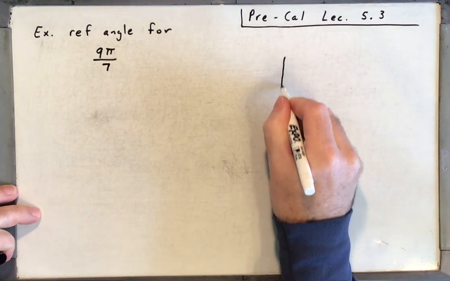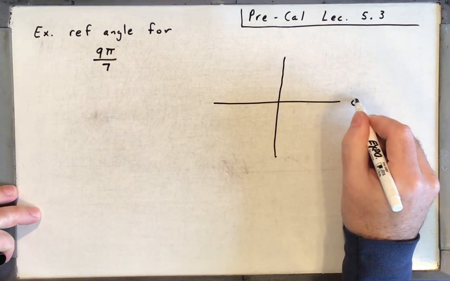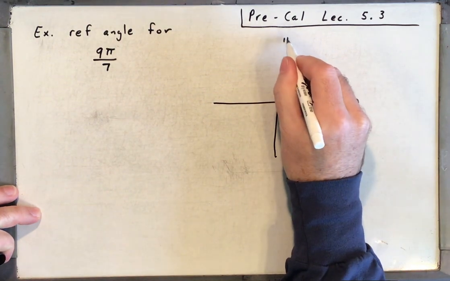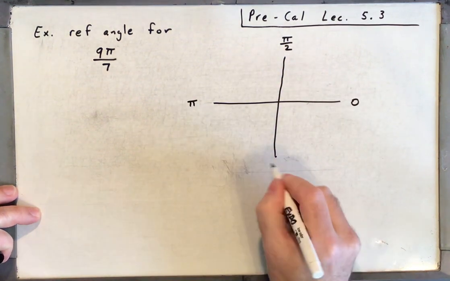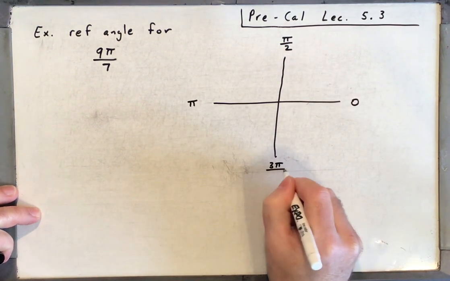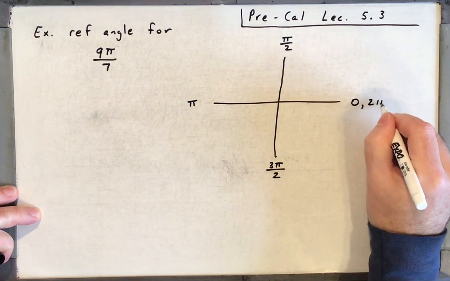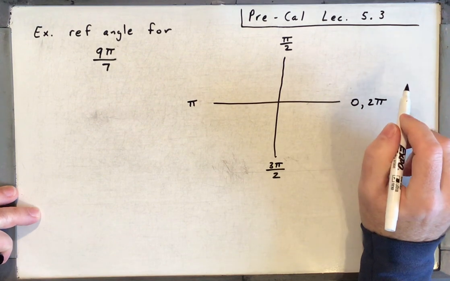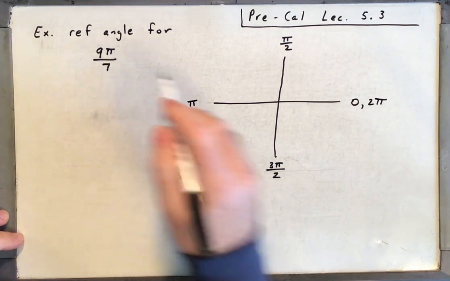All right, so let's get used to radian measures. So we would have 0, pi over 2 radians, pi radians, 3 pi over 2 radians, and then back to 2 pi radians. So 9 pi over 7, if this is pi, 9 pi over 7 is a little past pi, right?